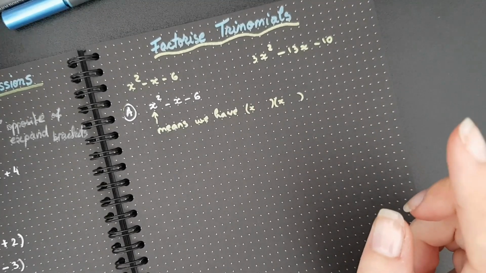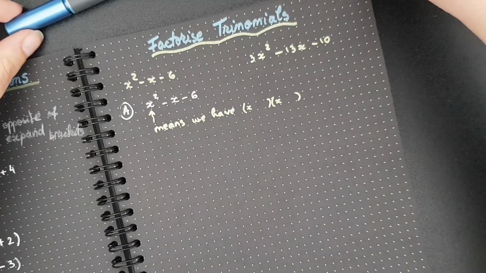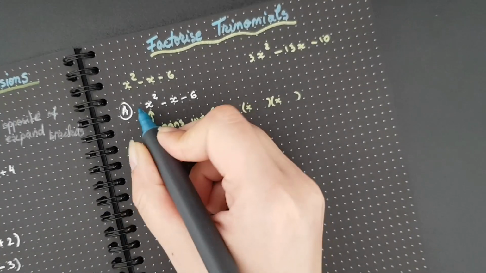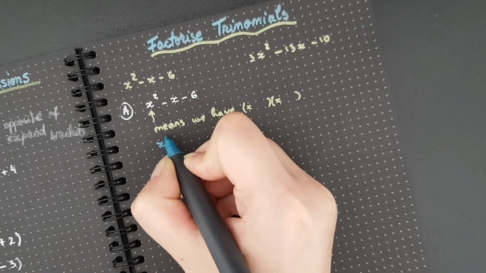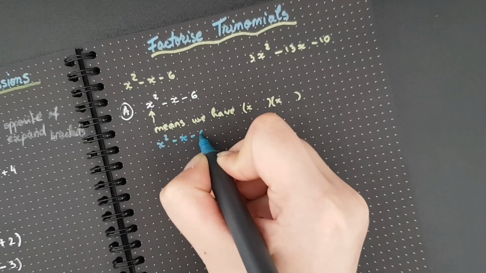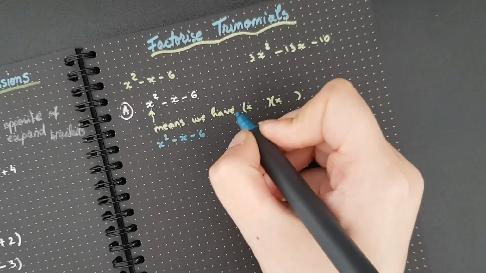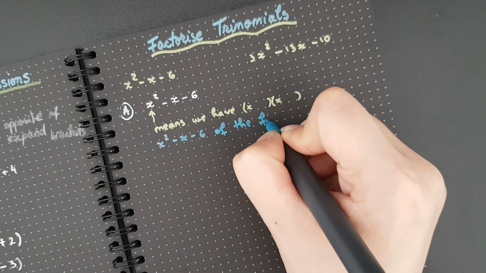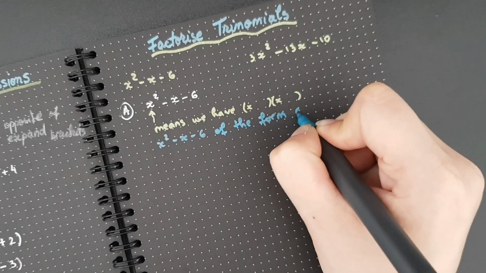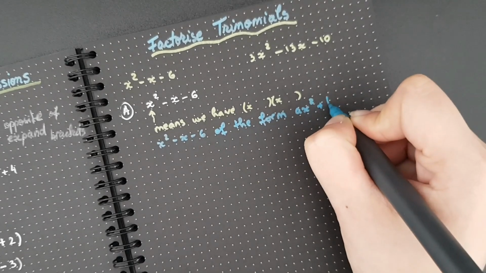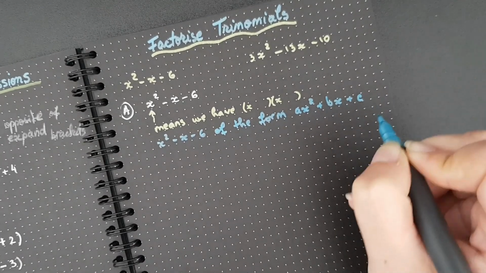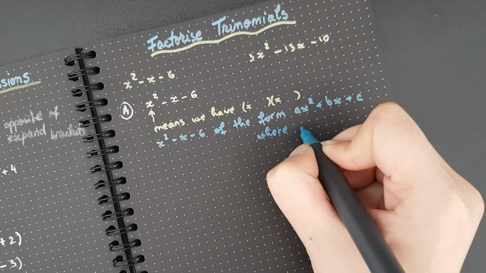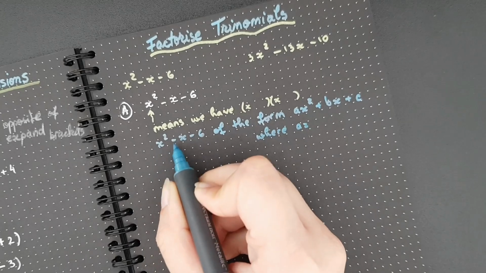Now another little observation I want to make, and I think I'm gonna write with blue, is that this expression, the x squared minus x minus 6, is actually of the form ax squared plus bx plus c, where a is whatever number I have in front of x squared.